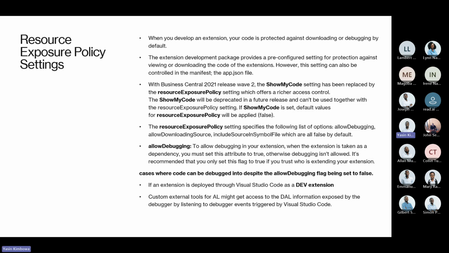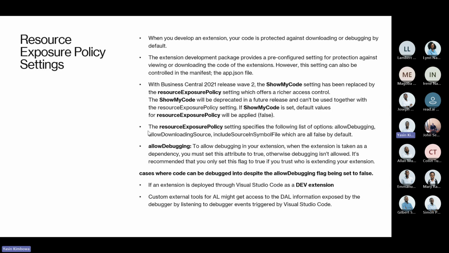And then if you want to download symbols for the given extension, you need to have this one. It's called allow downloading. Include source in symbol file, set to true.